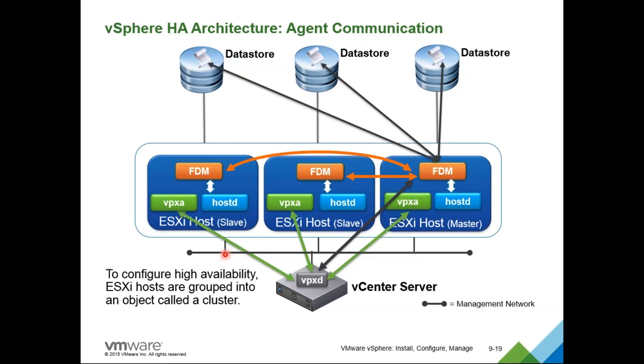It contains the FDM or HA database, and it will monitor the slave hosts in our ESXi cluster. It keeps identifying the status of the other nodes, which host is online and which host is isolated. This information will be validated by the master node in your HA cluster.